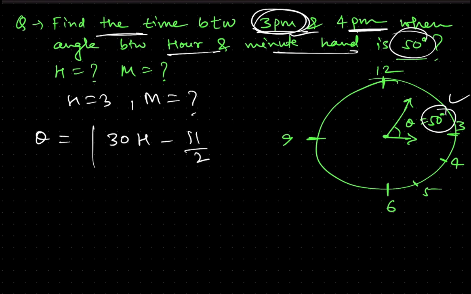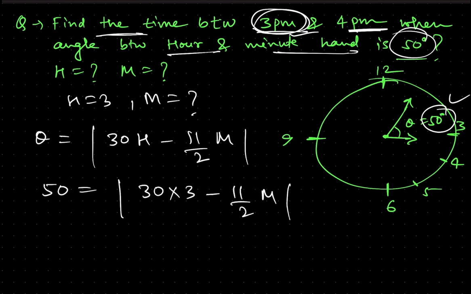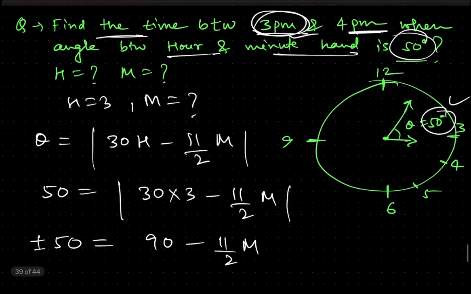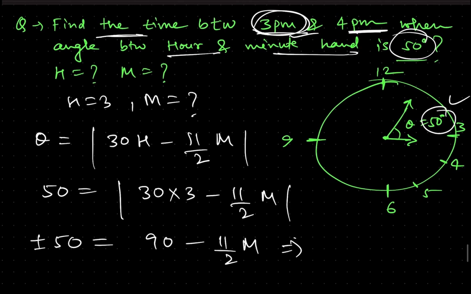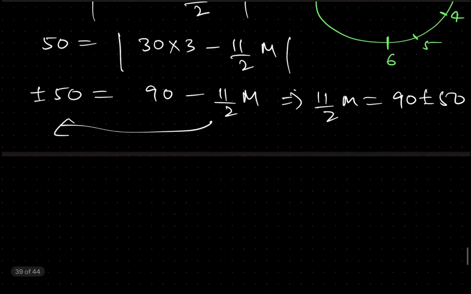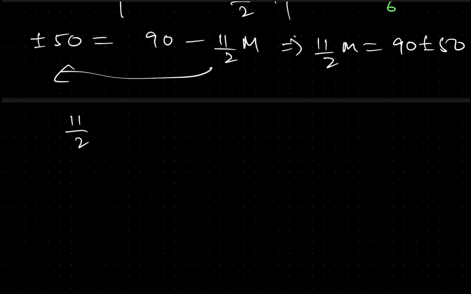30h minus 11/2 m. Our angle is 50. 30 into 3 minus 11/2 m. If we remove the modulus, plus minus 50 will come on this side: 90 minus 11/2 m. To find 11/2 m, taking this to that side and that to this side, 11 by 2 m is equal to 90 plus minus 50.